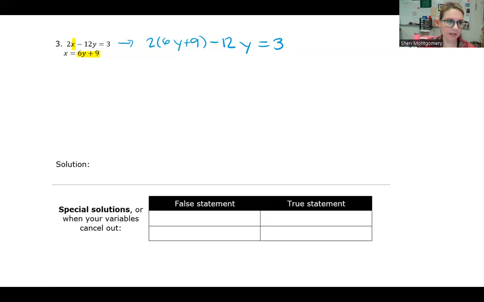All right, so I'm going to evaluate this. It's the same steps over and over again. I'm going to have to distribute. And now I need to combine like terms.